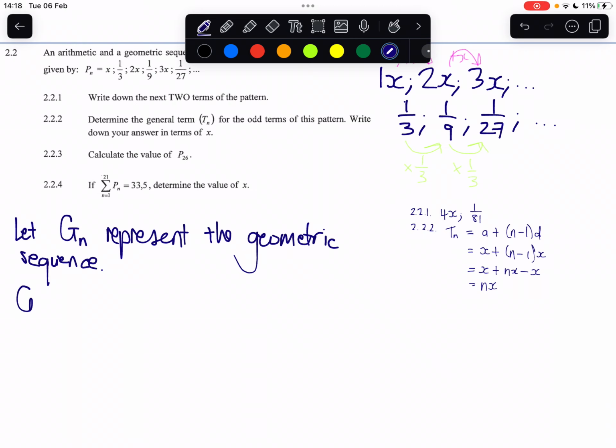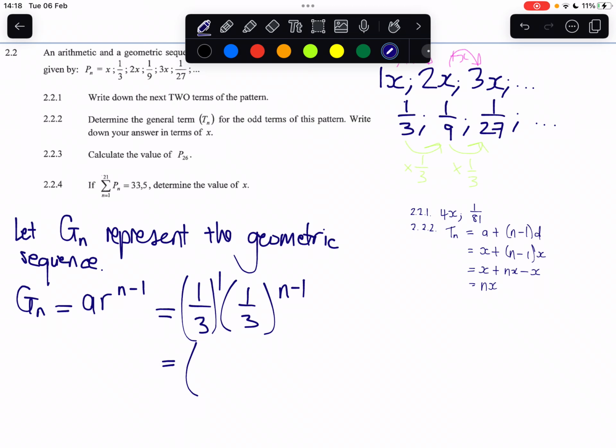Then we know that Gn is given by a times r to the n minus 1, where the first term of the geometric sequence is a third, and r is also a third. So this is a third to the 1, essentially.